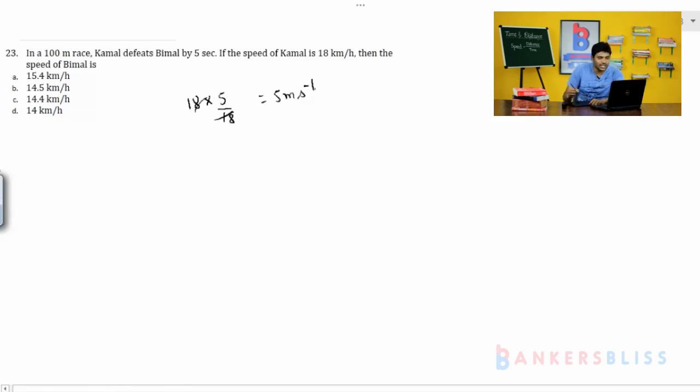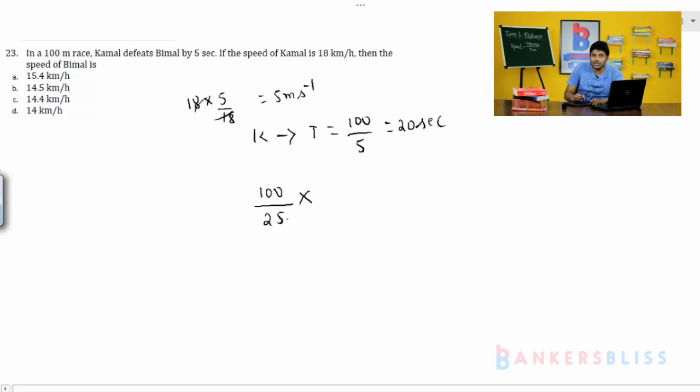So the speed of Kamal is 5 meter per second, and how much time is Kamal going to take to reach the distance? Time is equal to distance by speed, that is 20 seconds. So Kamal is taking 20 seconds, then Bimal is taking extra 5 seconds, that is 25 seconds. So to cover the same distance, he is taking 25 seconds. So what is the speed?